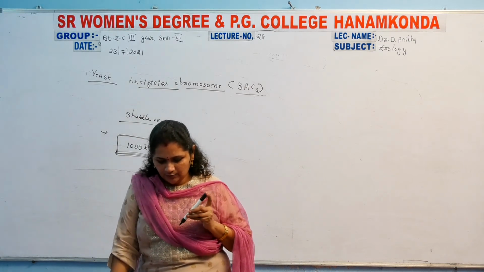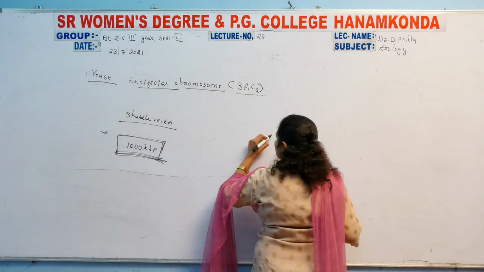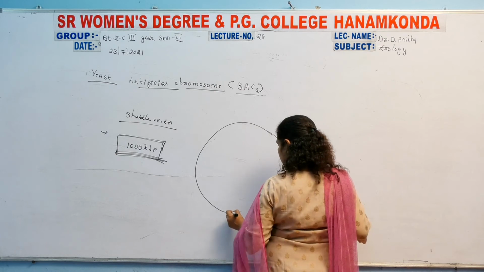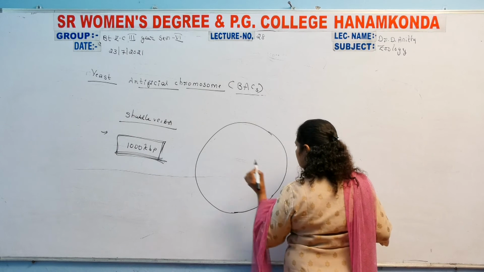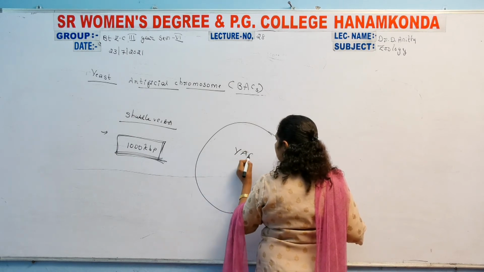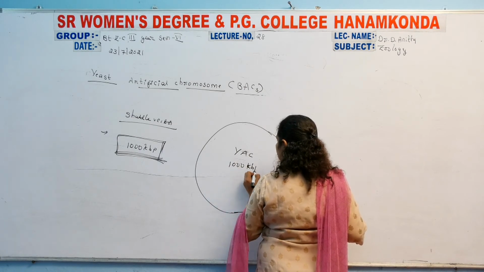Now see this. The YAC can carry up to 1000 kilo base pairs.